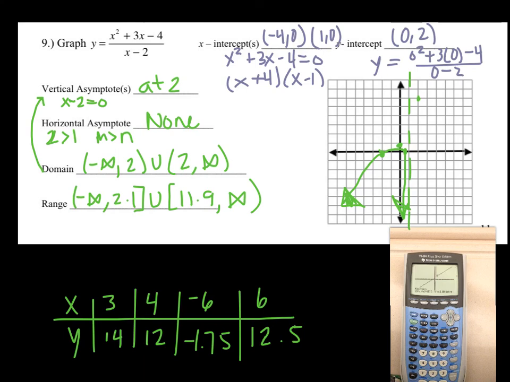I know 11.9 is the point, so just below 12. And then 6, 12 and a half.